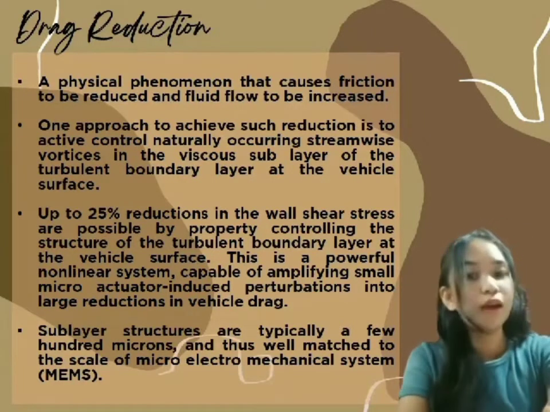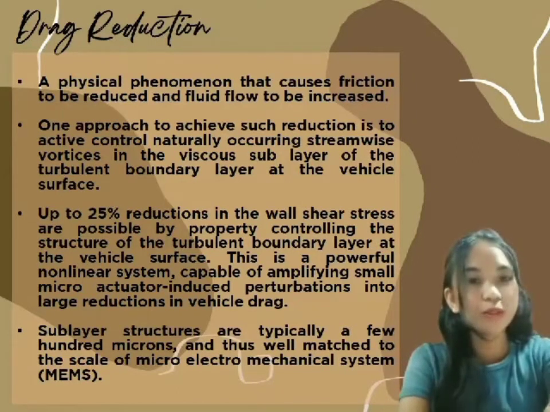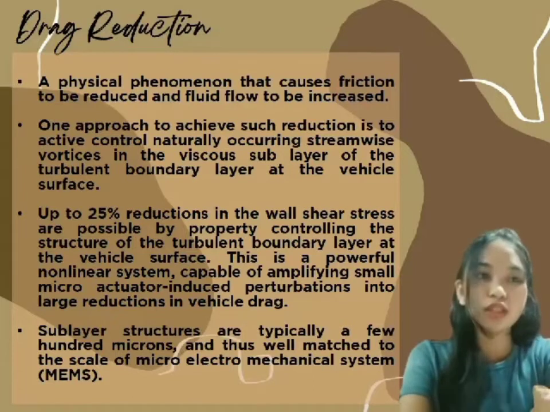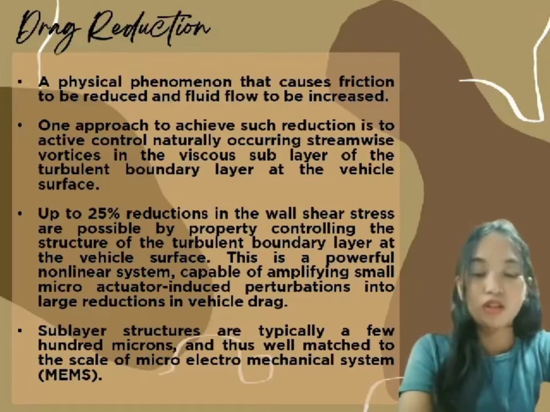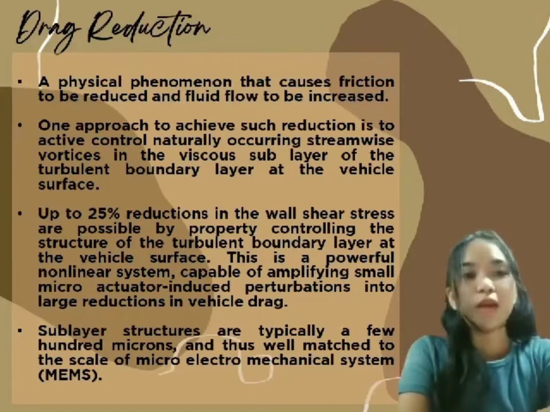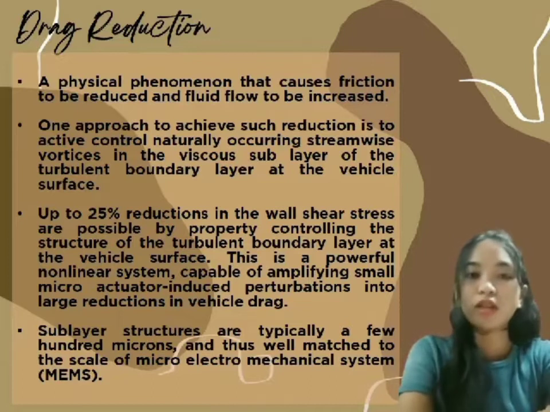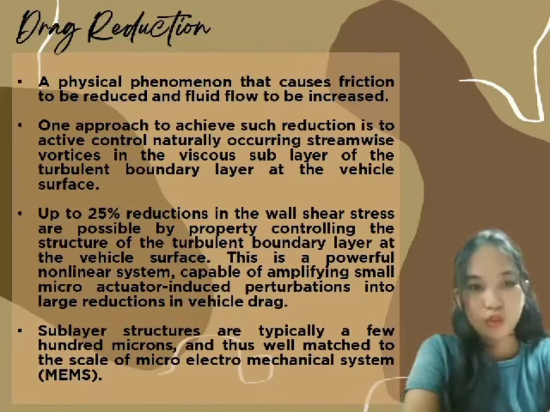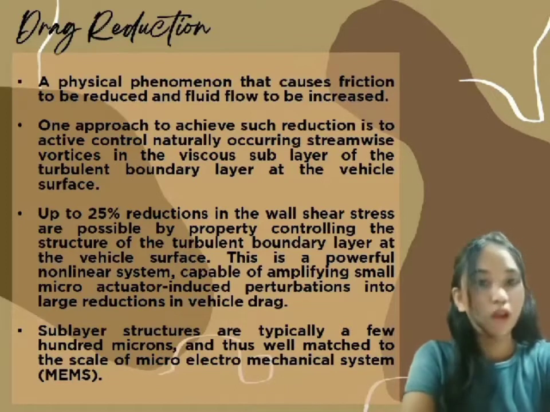Up to 25% reductions in the wall shear stress are possible by properly controlling the structure of the turbulent boundary layer at the vehicle surface. This is a powerful nonlinear system capable of amplifying small microactuator-induced perturbations into large reductions in the vehicle drag.